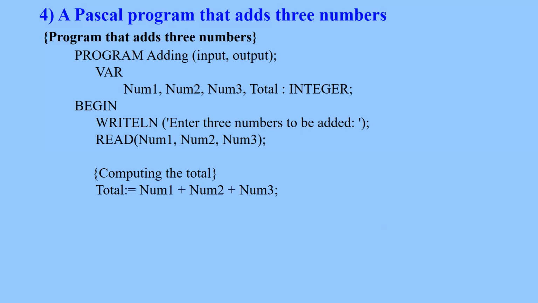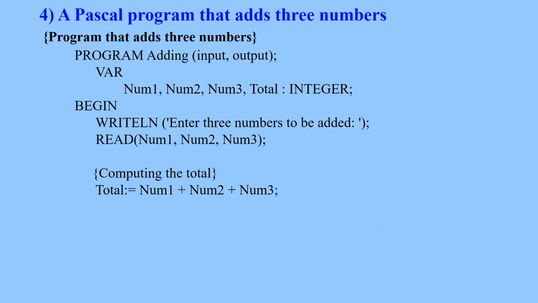So let me interpret this statement as it is. It reads as follows. Pick whatever is stored in memory location num3, and add to that the content of num2, and also pick what is in memory location num1 and add what you have gotten.